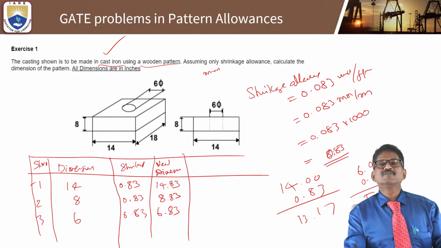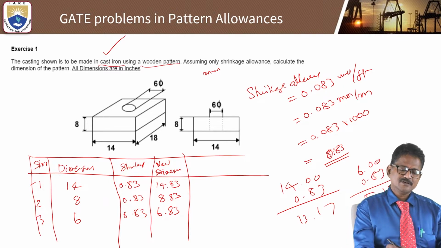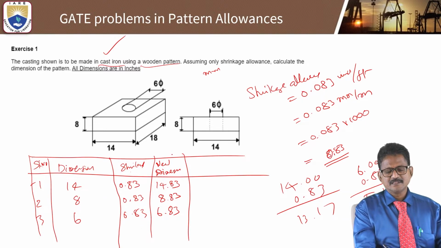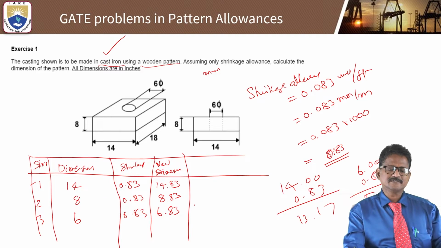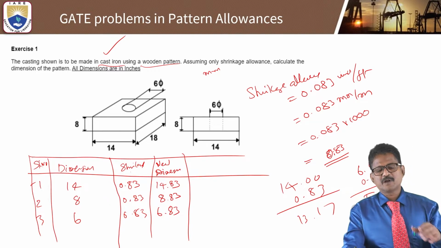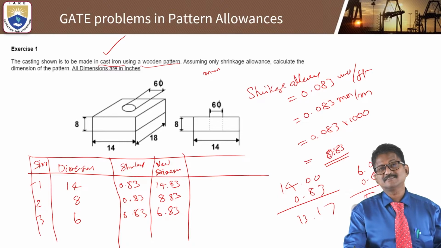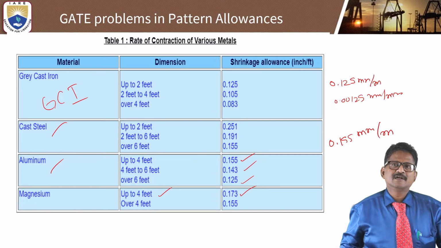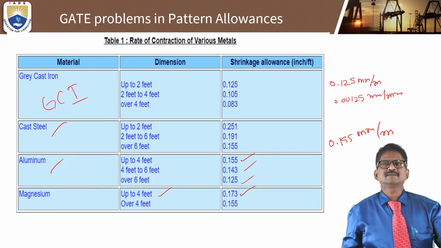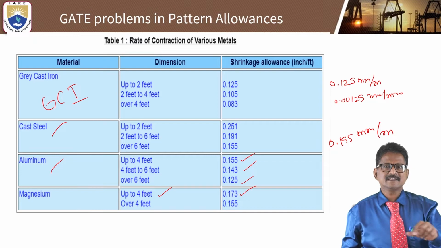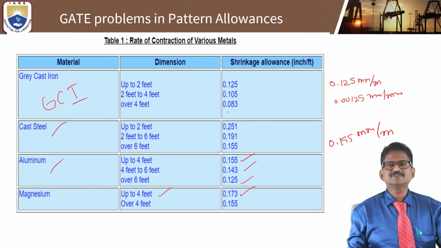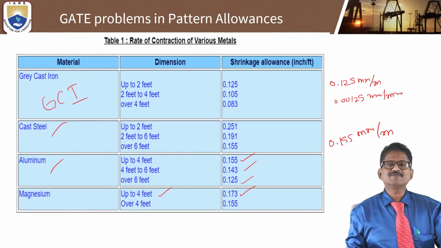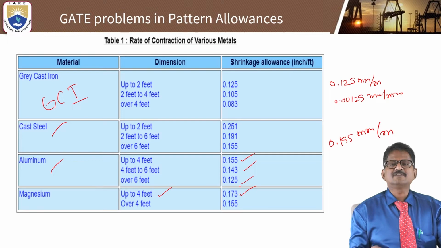So that is why wherever you require the dimension, you add the shrinkage allowance to the original dimension, and the new dimension will be obtained like this. The problem is very simple, but the only thing is you need to remember these important allowances of the materials: shrinkage allowance for grey cast iron over 4 feet is 0.083, for cast iron over 6 feet 0.155, for aluminium 0.125.